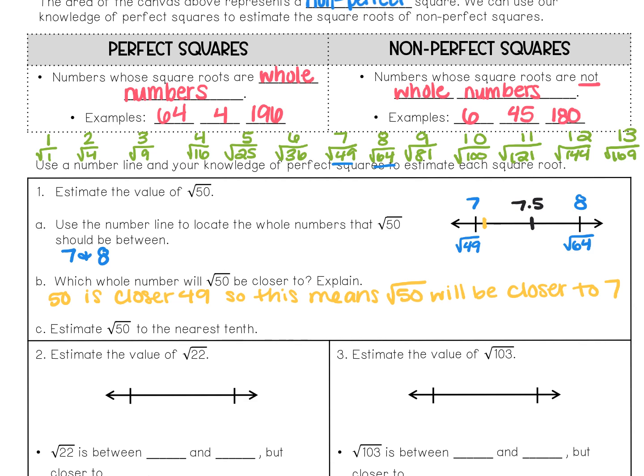Given how close 50 is to 49, I'm going to start on the lower end of that. So I might start with 7.2. And what I'm going to do is multiply 7.2 times 7.2, or I'm going to square it.